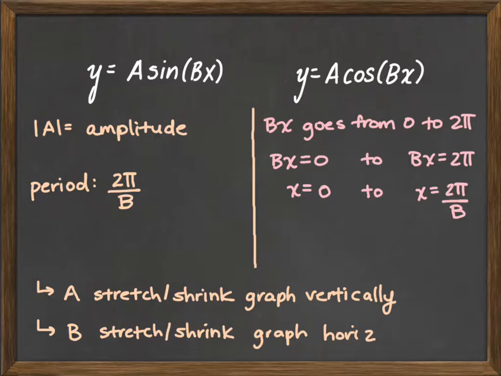And I should have said stretches or shrinks. So how can I fix this? I'll just say a will and b will. And there we go. Now the grammar is correct.